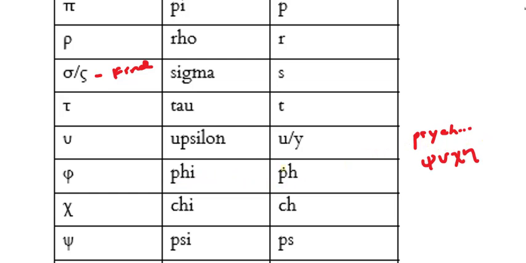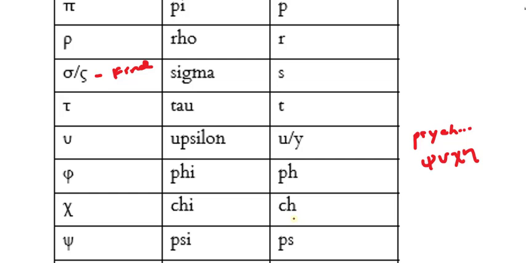The phi is a PH, and the chi is a CH in transliteration. Now be careful, because in English, CH doesn't produce the sound, right? It's ch in English. This is the ch sound. So you're going to want to spit on the neck of the person in front of you with this one.